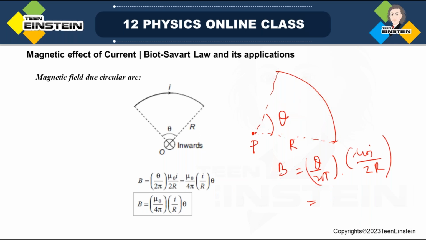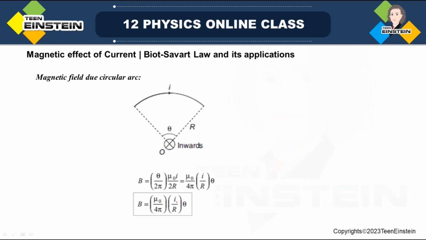So that is the formula: mu 0 I by 4 pi r into theta. As you see here also, mu 0 by 4 pi I by r into theta. This is the magnetic field at the center of the arc. We'll apply this very soon.